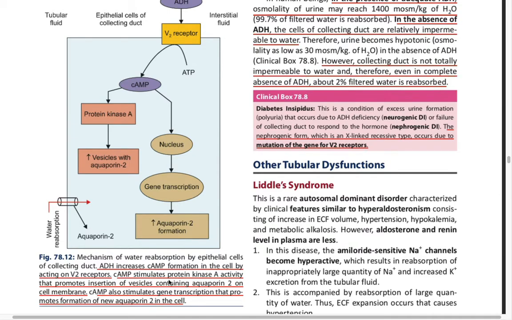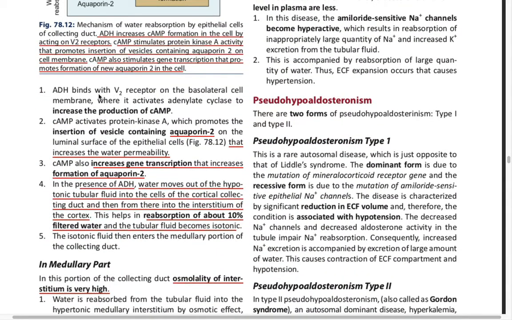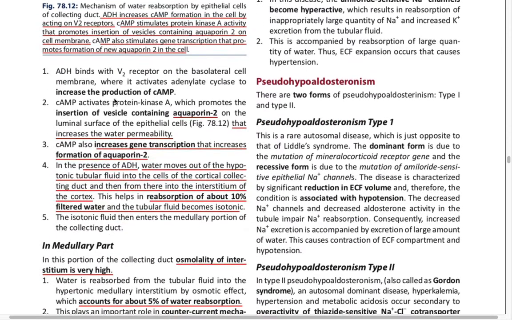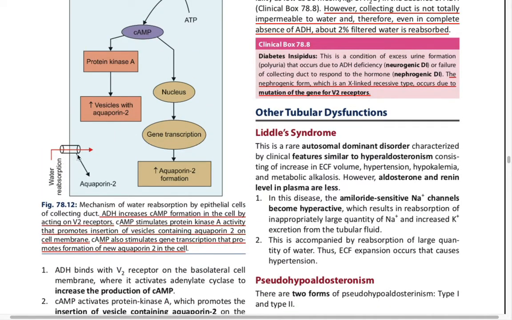On binding, it converts ATP into cAMP, which activates protein kinase A, which promotes the insertion of vesicles containing aquaporin 2. This can be seen here. This causes an increase in the water permeability.